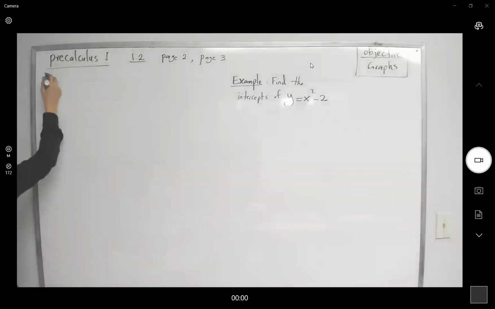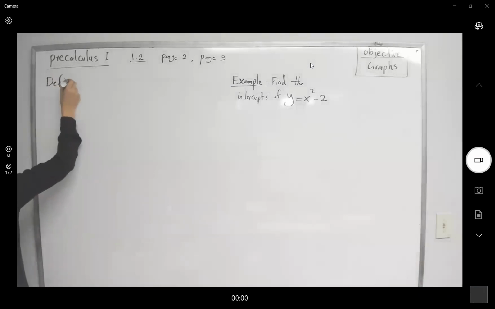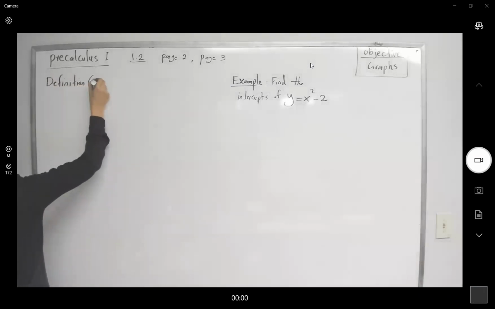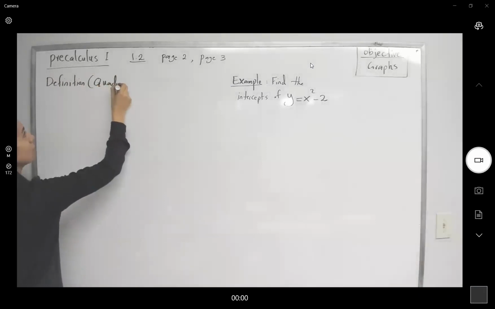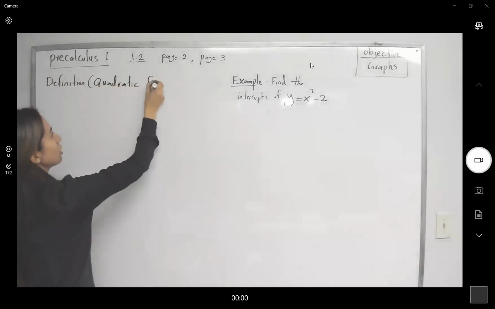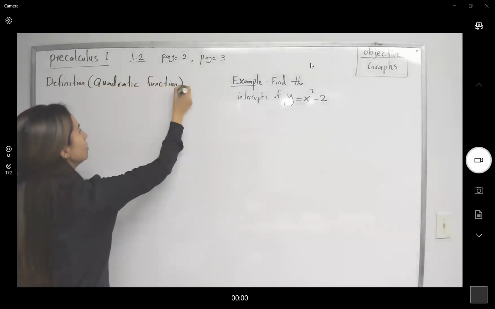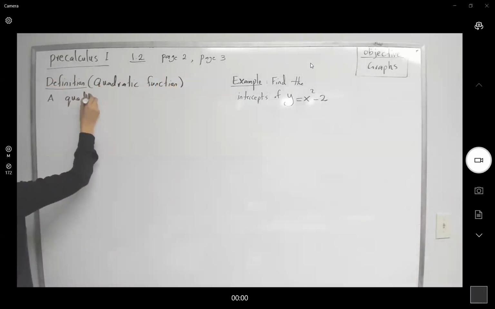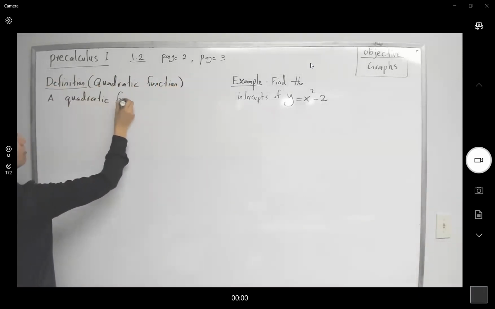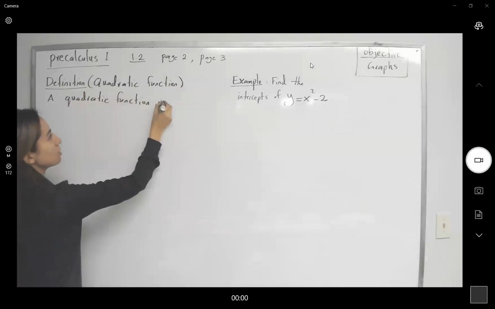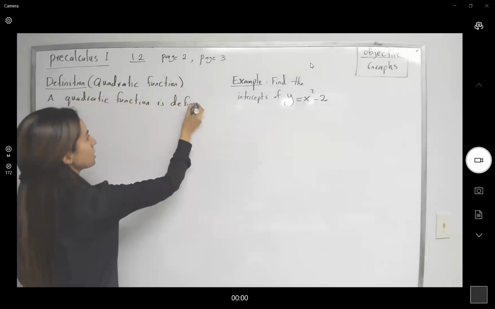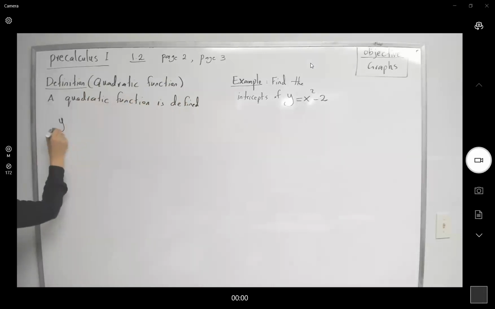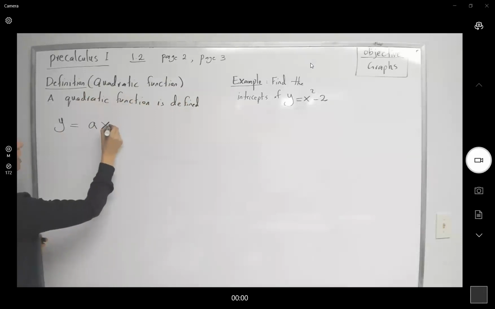So, definition of a quadratic function. A quadratic function is defined as, well, y equals a, you have a number times x squared.